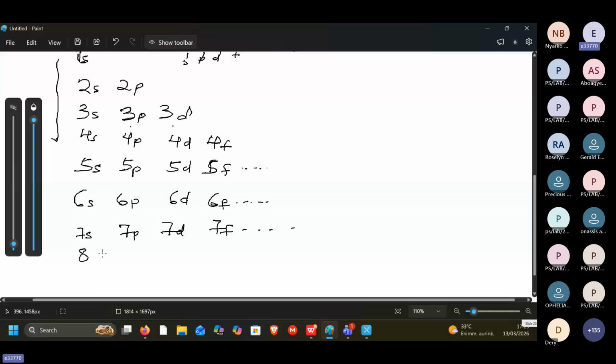Now, Aufbau says that if we want to be filling orbitals... Hello, sir. Yes, please. About the letter attaching to the number: as the number is increasing, are the letters going to be arranged in a form, or what?